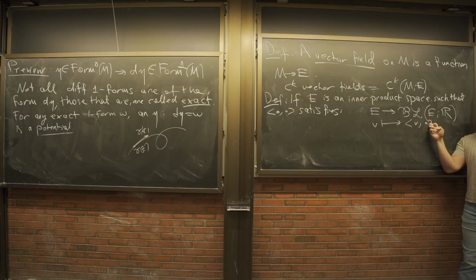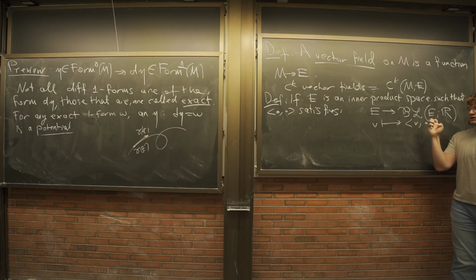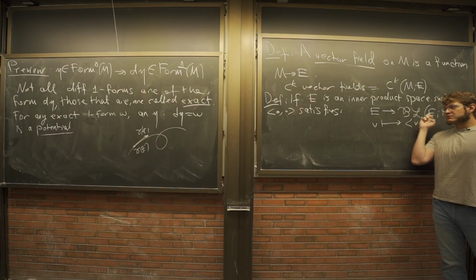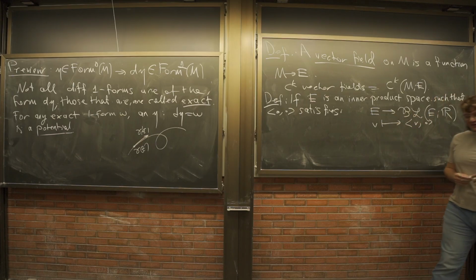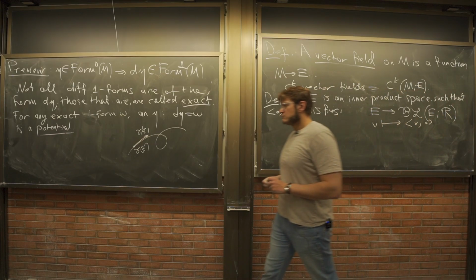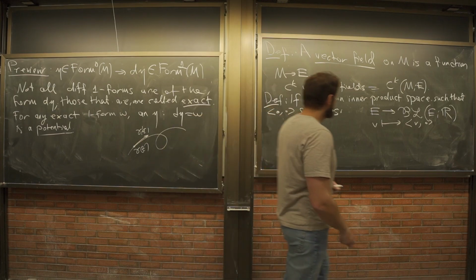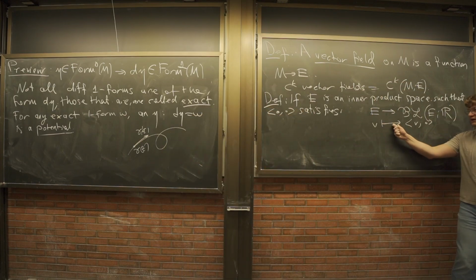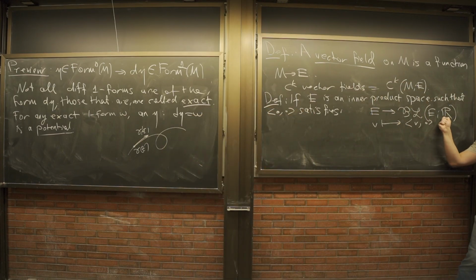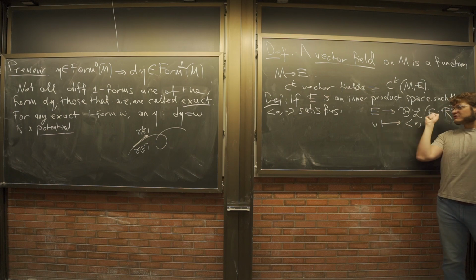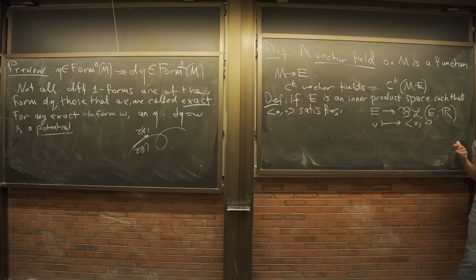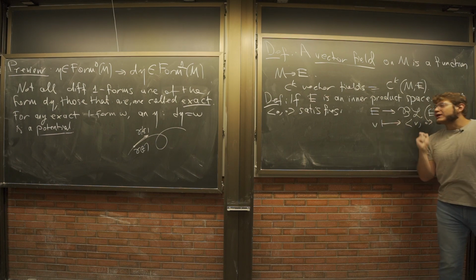And it's a bounded linear transformation by the Cauchy-Schwarz-Bunyakovsky inequality. I want this map to be a linear homeomorphism. So I want it to be a bounded linear transformation, and I want it to have a bounded linear inverse.